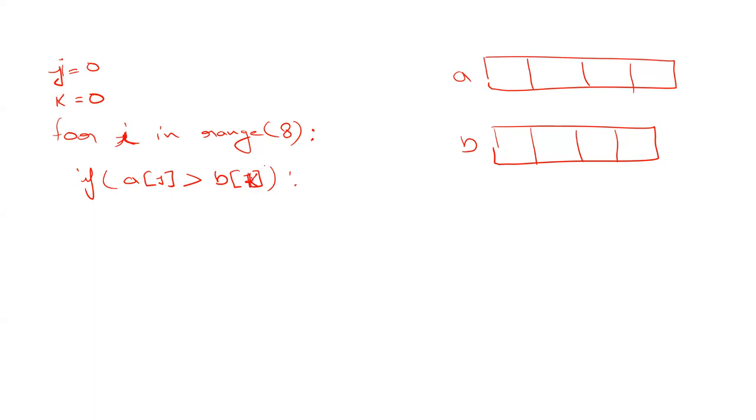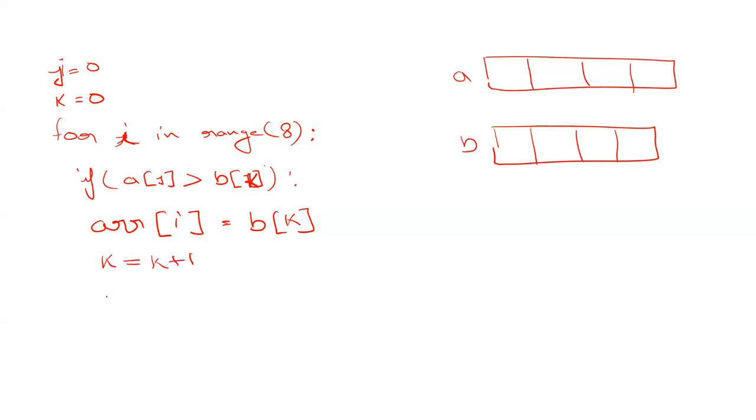Then what will happen? If a of j is greater than b of k, both are zeros, then the bigger array of I will be b of k. And because we included k into the array, k will be k plus 1.